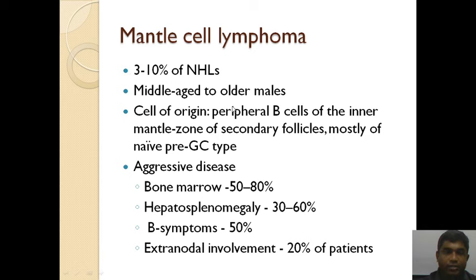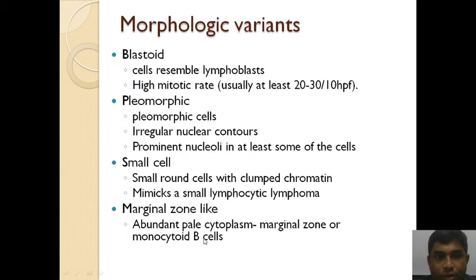The age group is middle age to older age group, and it arises from the pre-germinal center naive B cells. Bone marrow involvement and hepatosplenomegaly are fairly common in this group of lymphoma, and different morphological variants are seen.